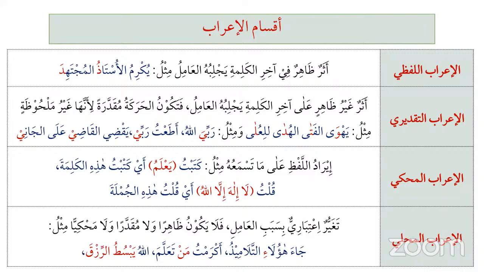So these were two examples of nouns, individual words. A sentence can experience the mahalli i'rab, positional i'rab. So let's look at this example.